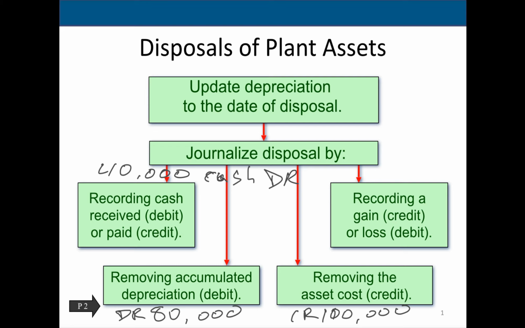If I add up my debits, I have $120,000 on the debit side. So the missing piece is going to have to be a credit of $20,000, meaning that this component of the journal entry would be a $20,000 gain on the disposal of this asset.